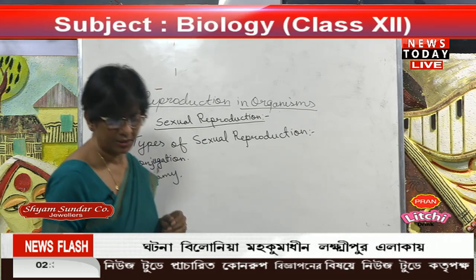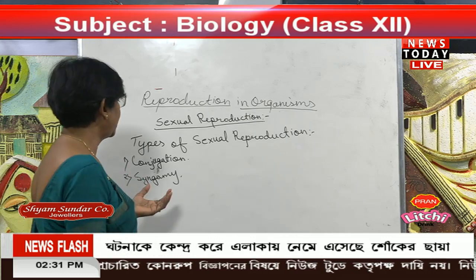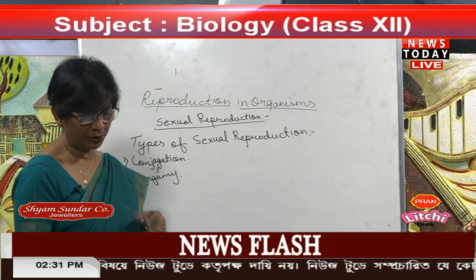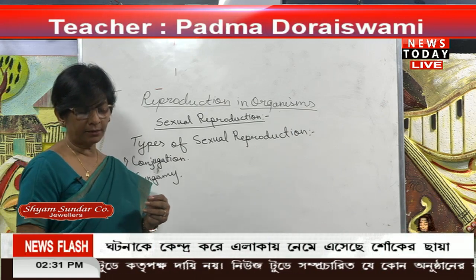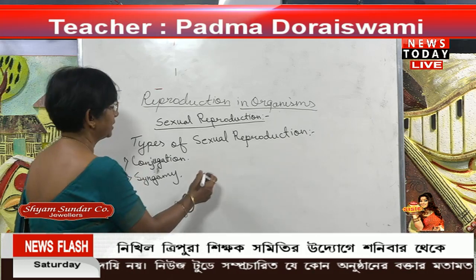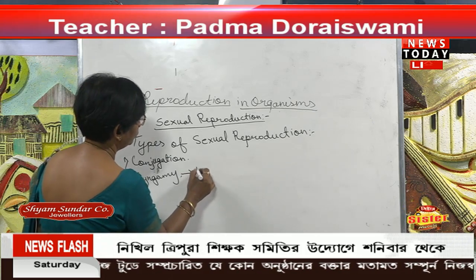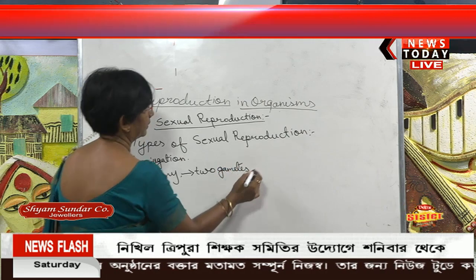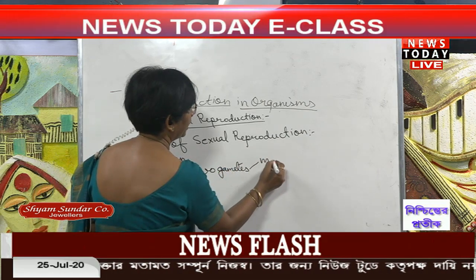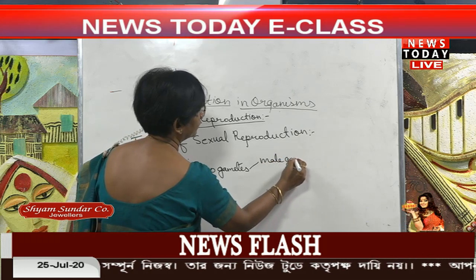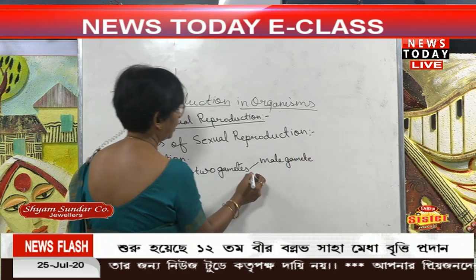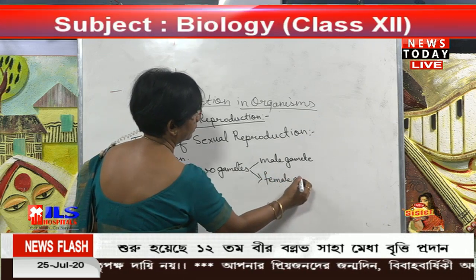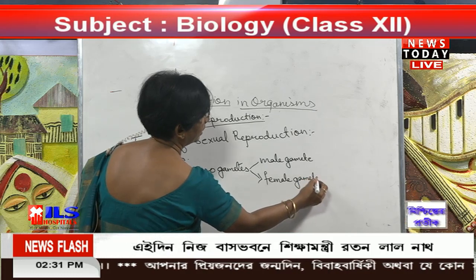Now, next comes syngamy. There is fusion between the male and the female gamete, or you can say two types of gamete. One is the smaller one, the male gamete, and another one is the female gamete.